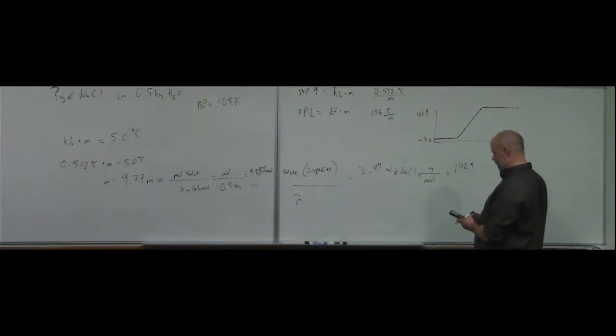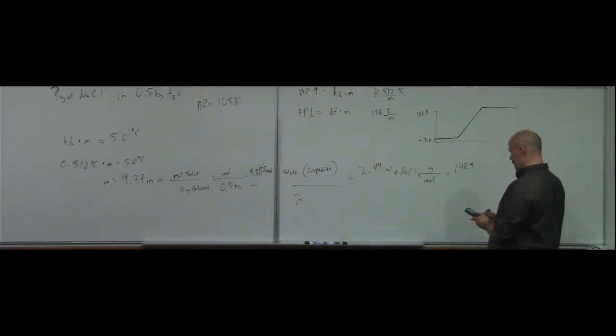The mass of sodium, I put 23 because it's 22.9. And then it's 35.5 on the other end. Try that again. 2.44 times 23 plus 35.5 is 141.5.